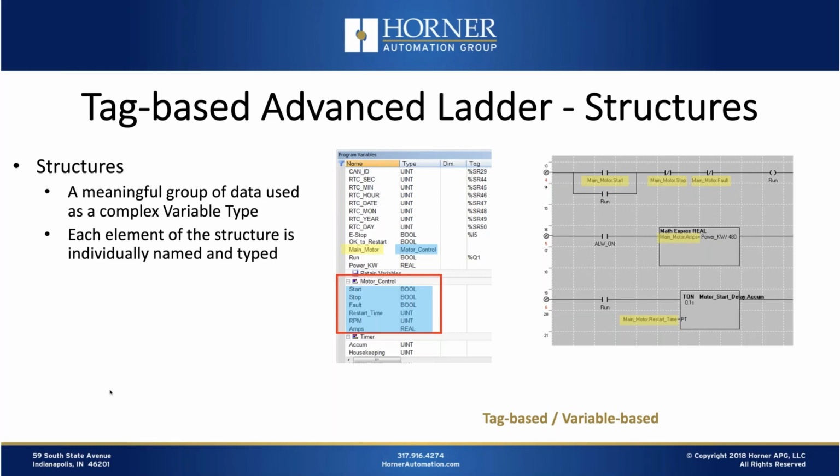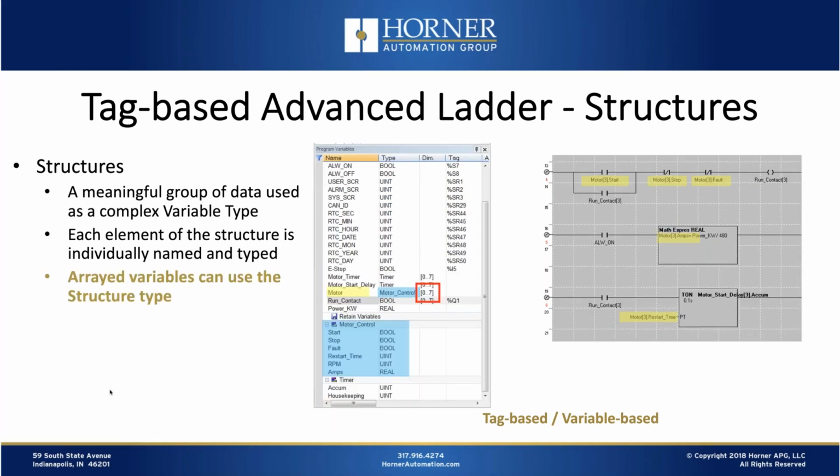Again, that can be really useful. You can reuse those structures over and over again, and they can be used with regular variables. They can also be used with arrayed variables. So you can take that to the next step, where you have not just a regular variable with a dimension of 1, a single dimensional array, but an arrayed variable. As you can see, we created the variable motor, which is an arrayed variable with up to 8, motor sub 0 through motor sub 7.